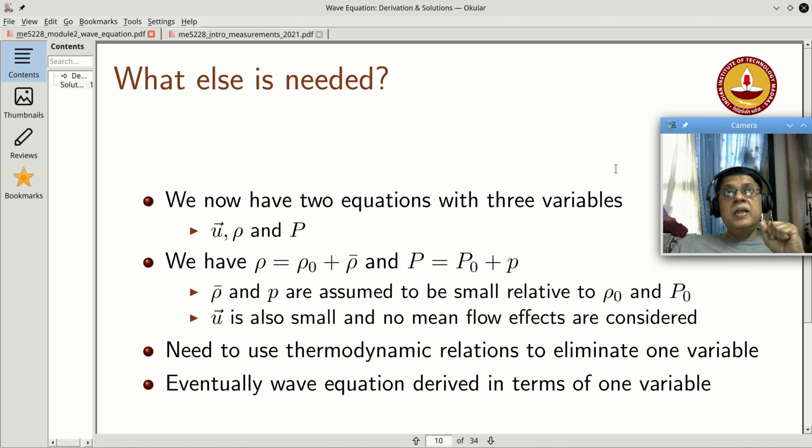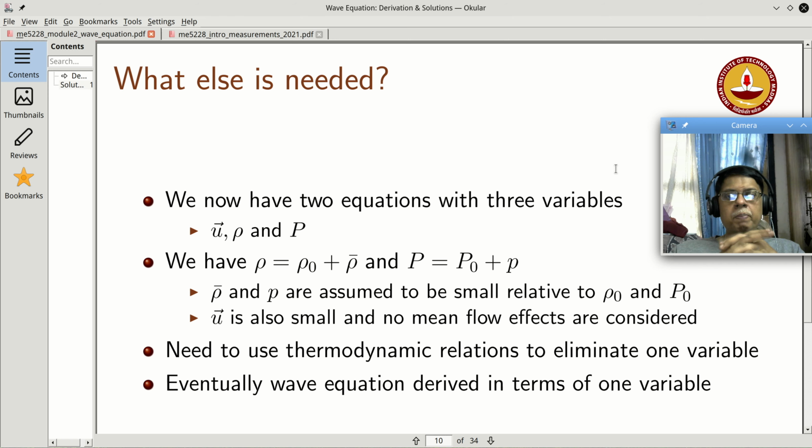Five variables, and how many equations? Three scalar. The vector momentum equation can be broken down into three scalar equations, and of course mass gives you one equation, so we have four equations, right? That means we need one more equation to have five equations and five variables.